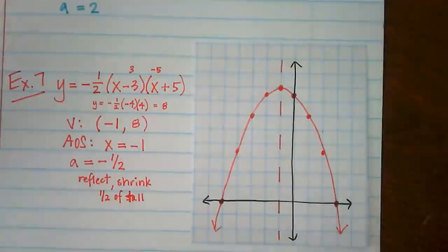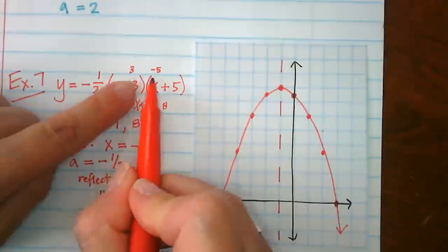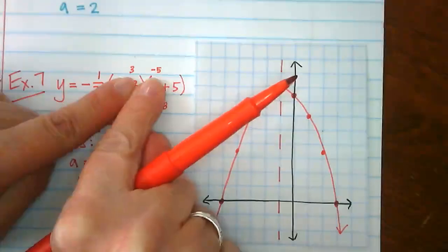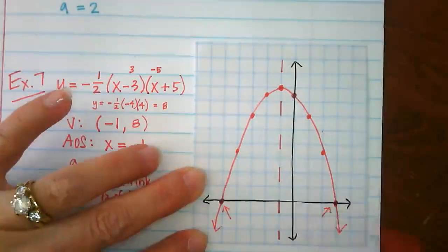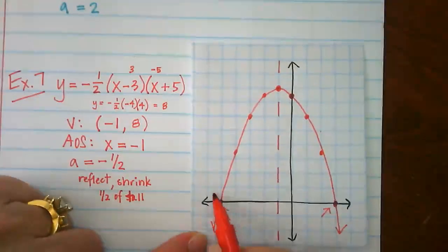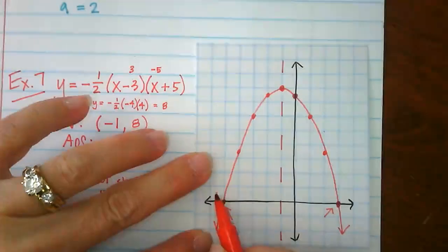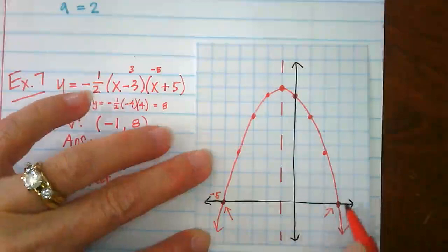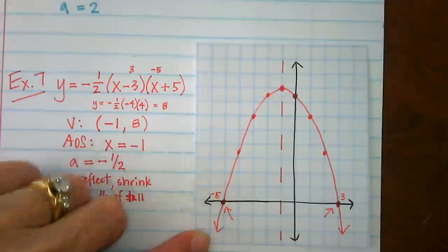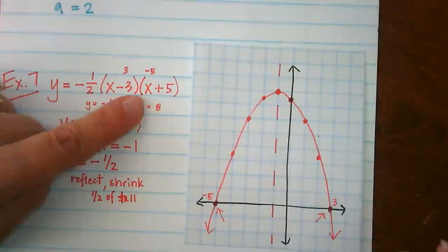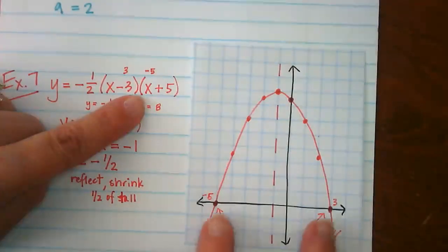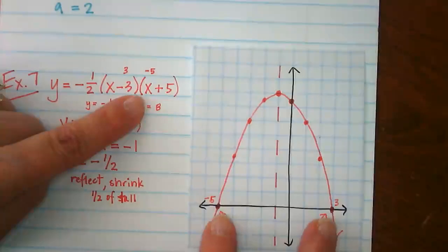But now here's what I want to point out. Remember these two numbers we got up here? There they are. Here is -5, and here is +3. So this is called intercept form because when we solve for a parabola, what we're doing is we're finding where it hits the x-axis.